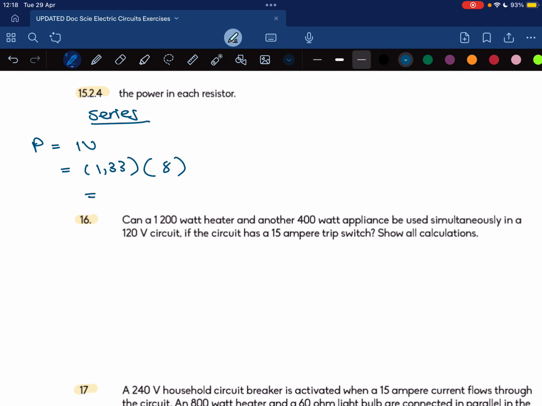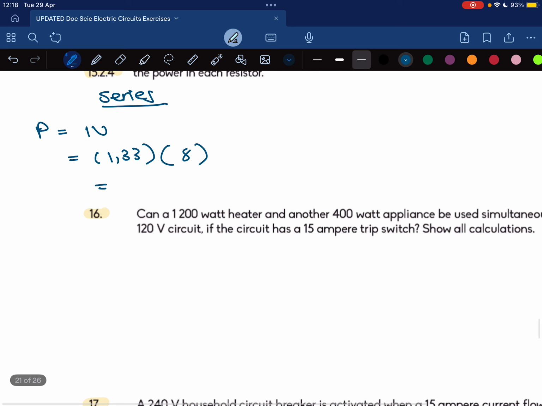Remember to make sure that you pause the video before going through these questions, because you must be able to do this. I'm obviously explaining it, but it's not something that you must just be copying down, but rather something that you're interacting with. So the power here, if you put it in your calculator, you will get an answer of 10.67 watts.